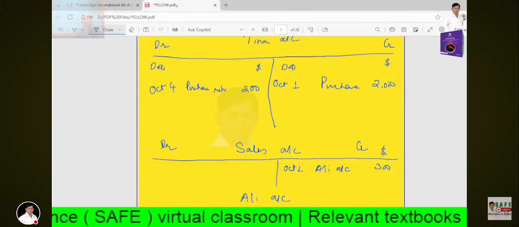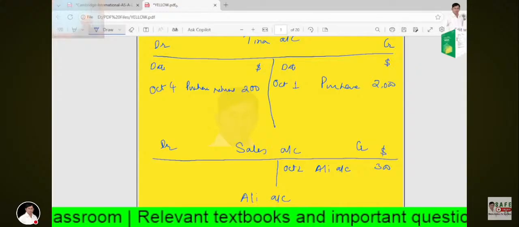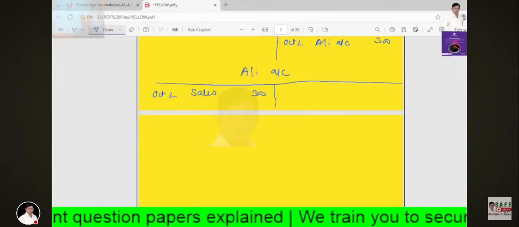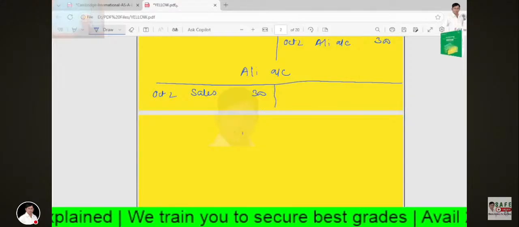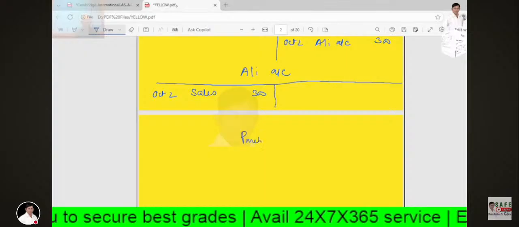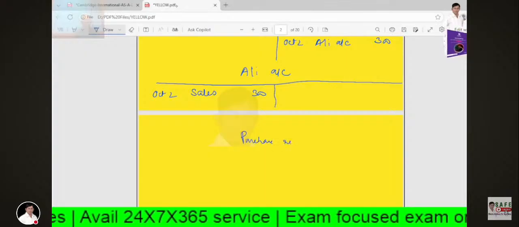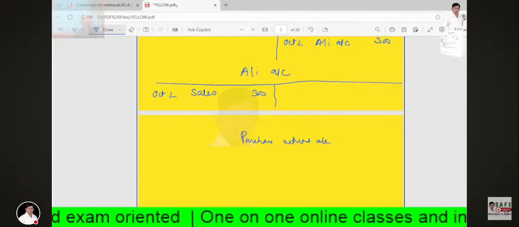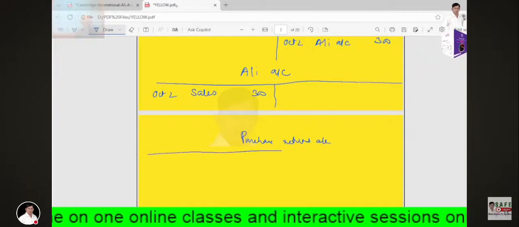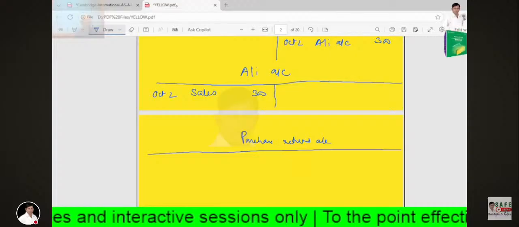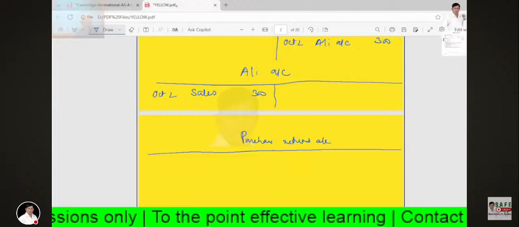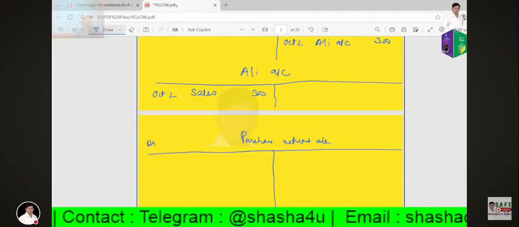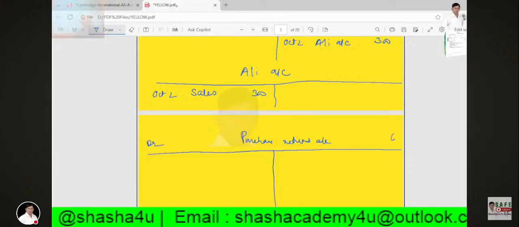Purchase returns. We have to open one account called purchase returns. This is always debit, this is always credit.